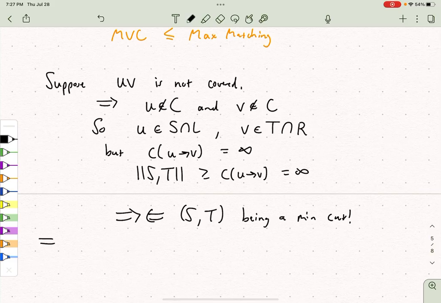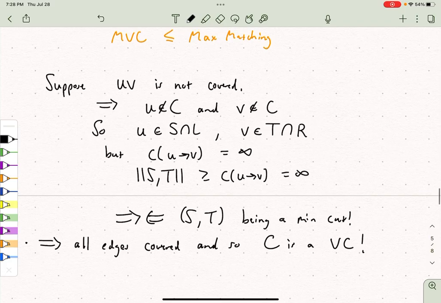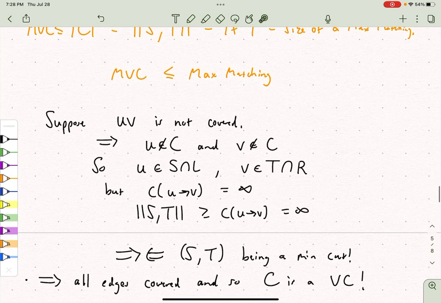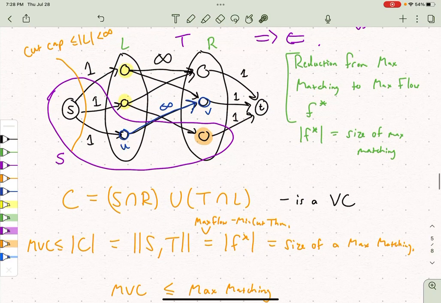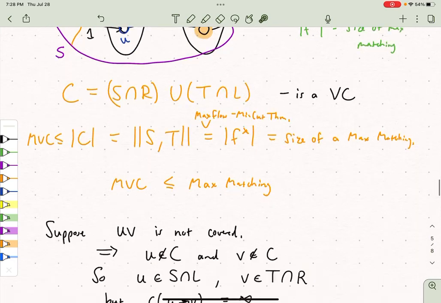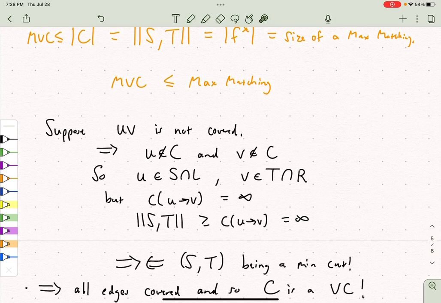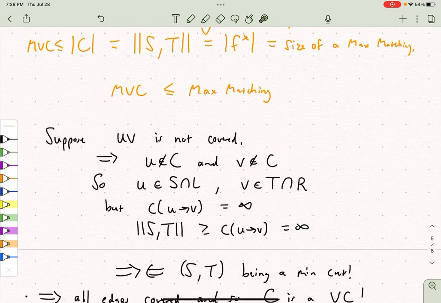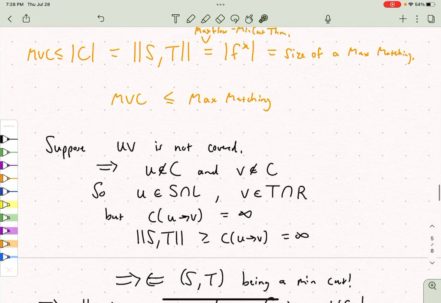So this implies all edges covered. And so C is a valid cover. So here we're using the structure of the cut, what it actually looks like, to prove that our constructed cover is truly a vertex cover.